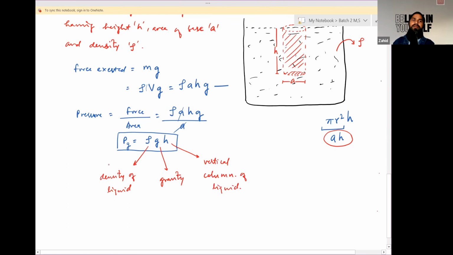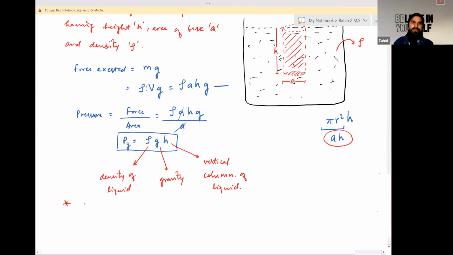So you'll say this gauge pressure mainly depends on just three factors. There is no indication of direction in this formula, nor of the amount of liquid above that particular point. So you'll say pressure due to this column of liquid is independent of direction and independent of amount of liquid.